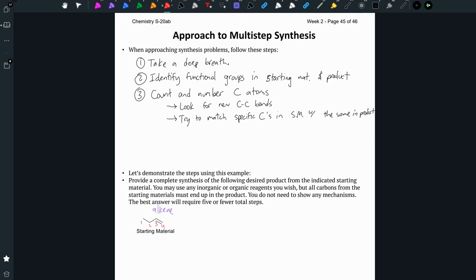And then there's the last piece, and this is the piece that people find really challenging at first, and that is to work backward from the product. This is often known as retrosynthetic analysis.